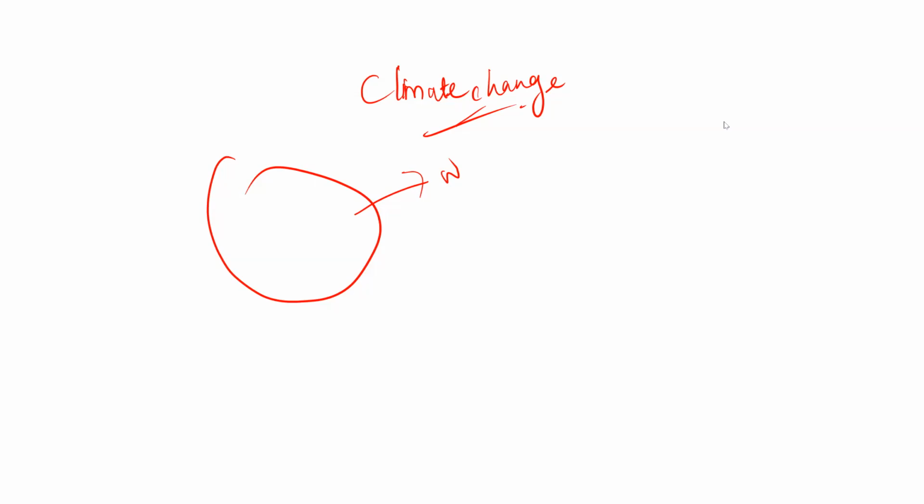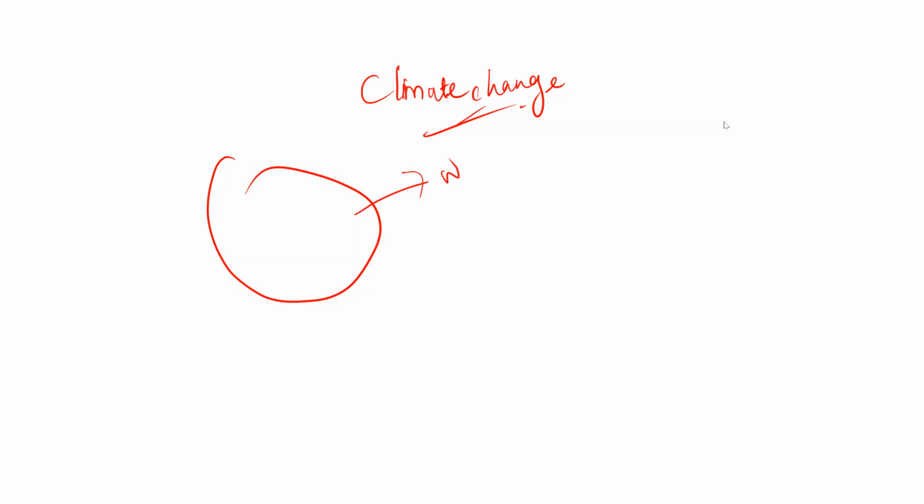So when you talk about that particular day, for example today, if the weather is mild cold, and if it is maintaining the same for over a period of 25 years, that is called climate.